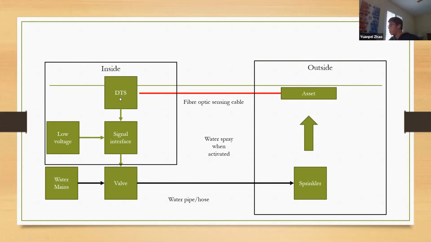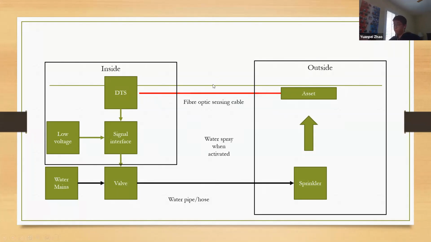It's going to be placed maybe in the garage or some safe place, and this is the database. It works by itself. It's the main control center. This red line means the fiber optic sensing cable, and it's going to be placed maybe on the fences or around the houses.